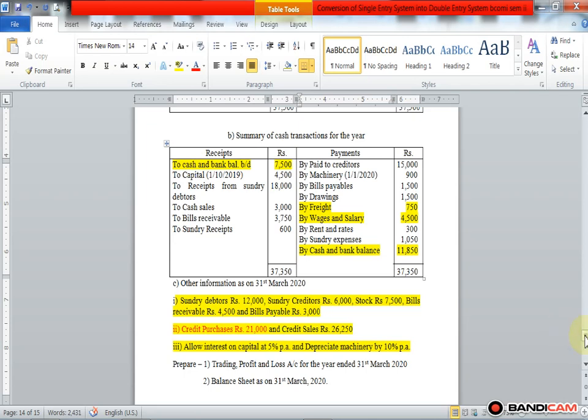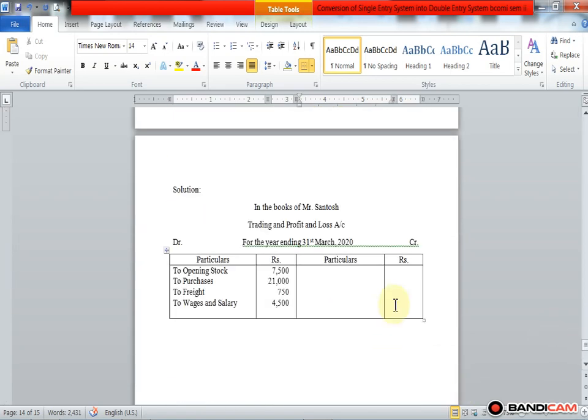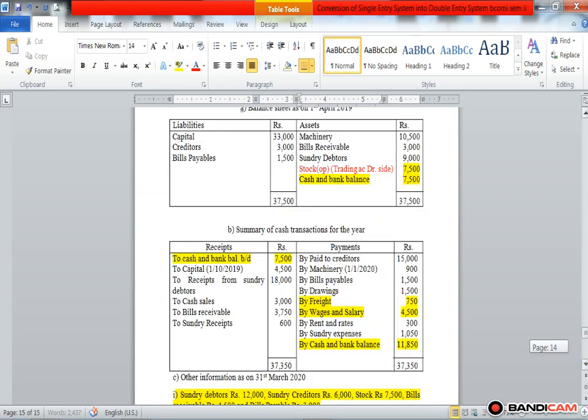Now we complete the credit side of trading account. On the credit side of trading account, we write sales. Both cash sales and credit sales are given to you.